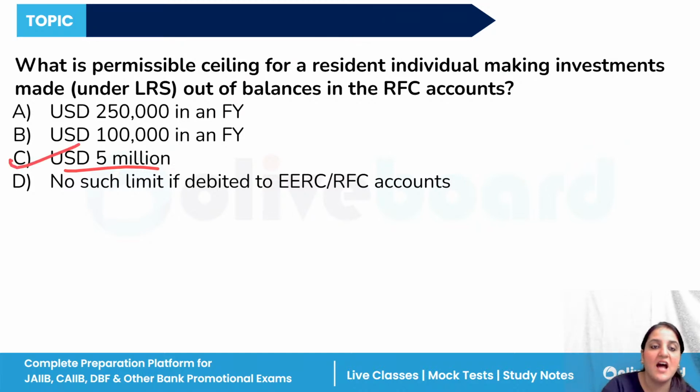That's why the answer US dollar 5 million is correct here. Basically, the US dollar 5 million limit for investment from the RFC account under the LRS provides significant flexibility for residents to invest abroad, and it reflects the RBI's recognition of the unique nature of RFC funds.